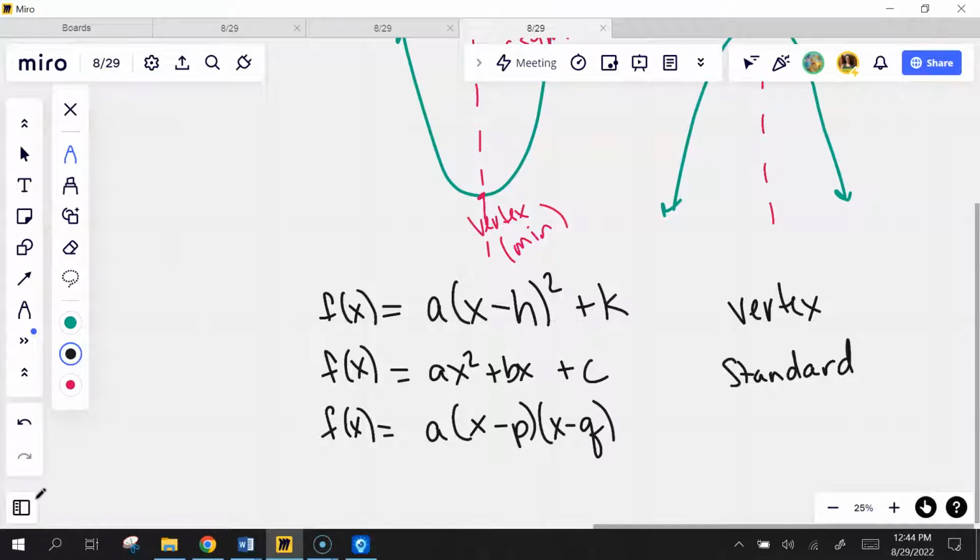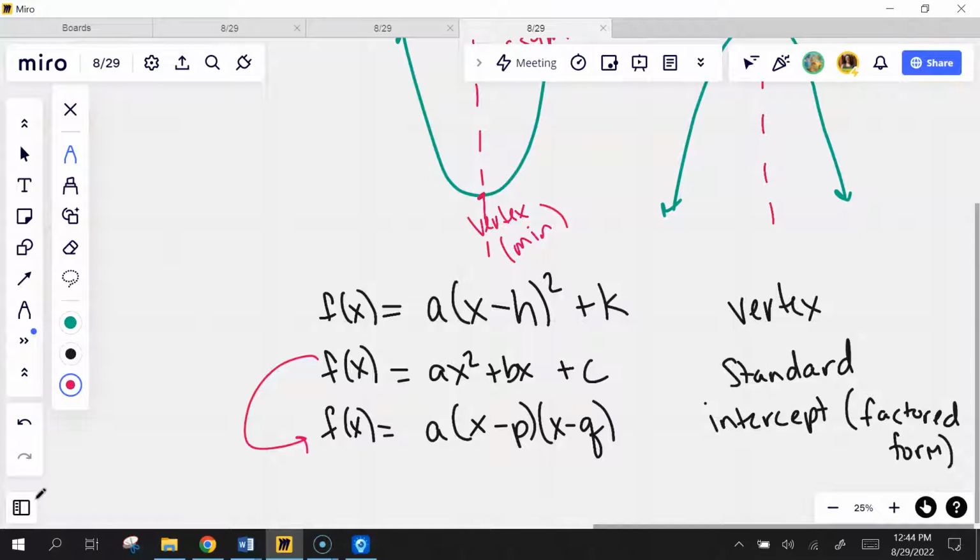Wow, Carter. This is intercept form. We also call this factored form. Why do we call it factored form? You're exactly right. If I take standard form and I factor it, I end up in intercept form or factored form.